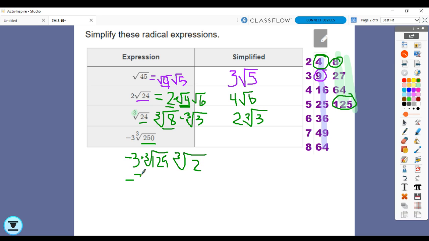I'm going to keep the negative 3 times the cube root of 125. If you come over here, straight over is 5. So negative 3 times 5 times the cube root of 2. And then you can just multiply the negative 3 times 5, which is negative 15 cube roots of 2. Sorry for the sloppy writing.